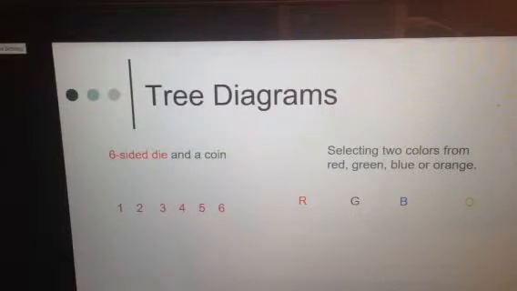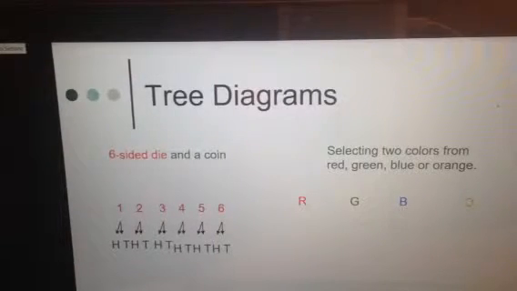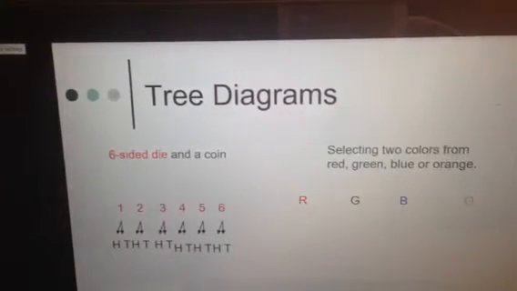Next, a 6-sided die and a coin. If you roll the die and you get a 1, then you've got a chance of heads and tails when you flip the coin. A 2, then you've got heads and tails to flip the coin.